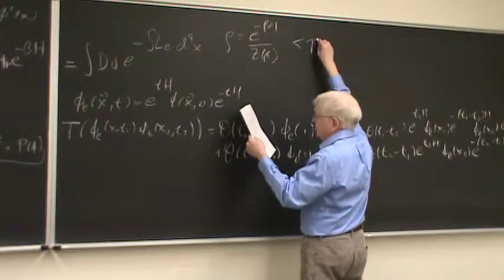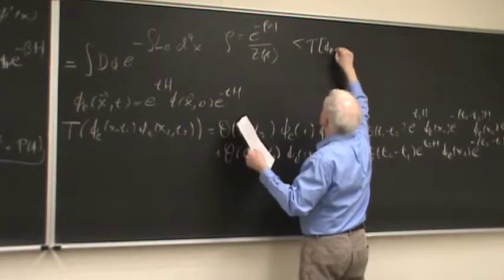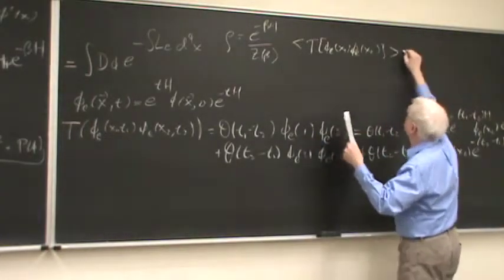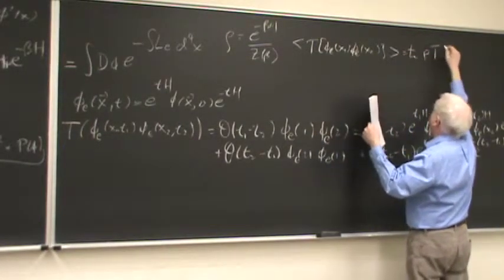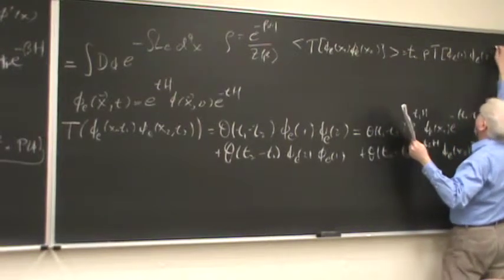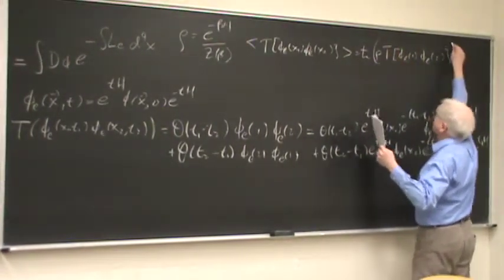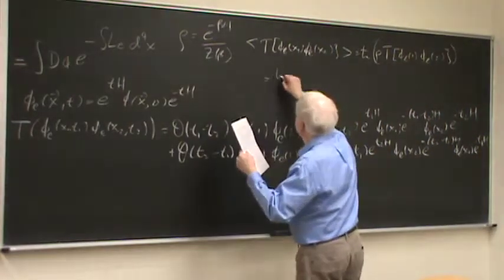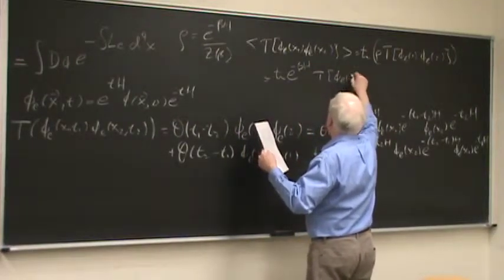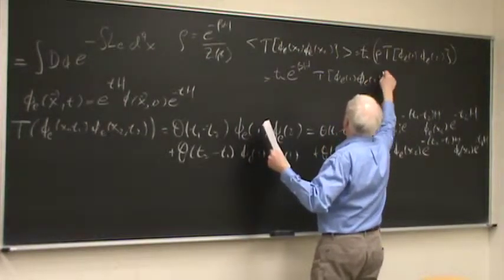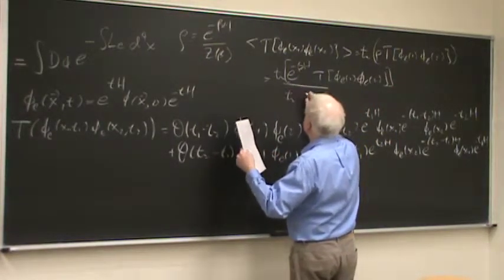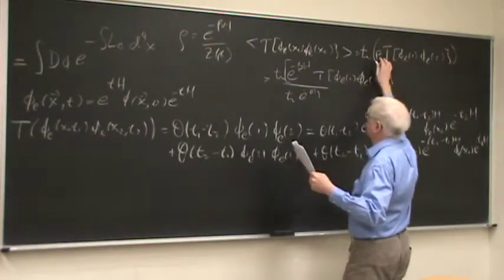Okay, so what is the mean value of the time-ordered product in this density operator? The mean value of the time-ordered product of phi_E of x1, phi_E of x2, would be the trace of rho times the time-ordered product phi_E1 phi_E2. That would be the trace of e to the minus beta H T of phi_E1 phi_E2, divided by the trace of e to the minus beta H, because that's the normalization here.